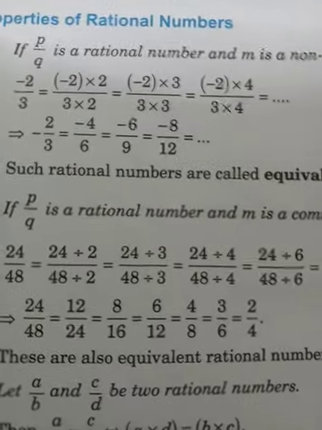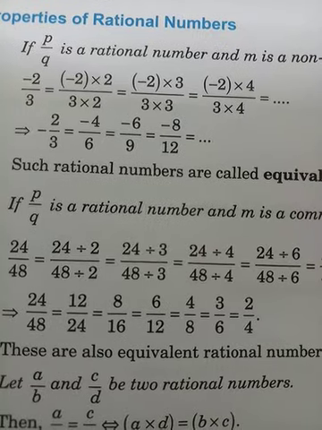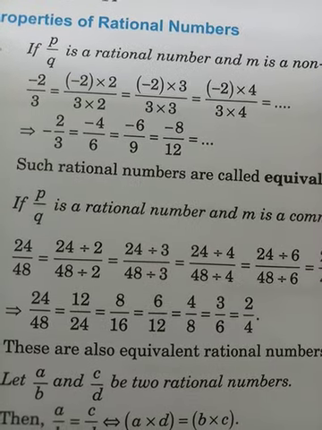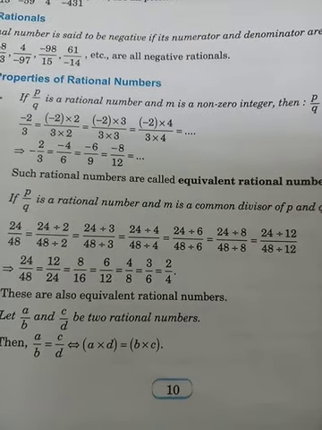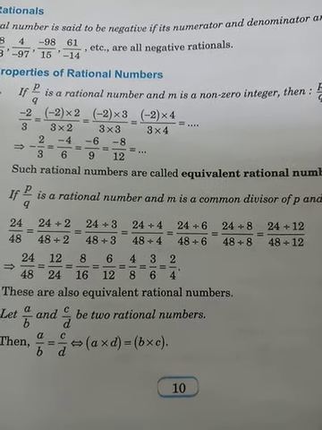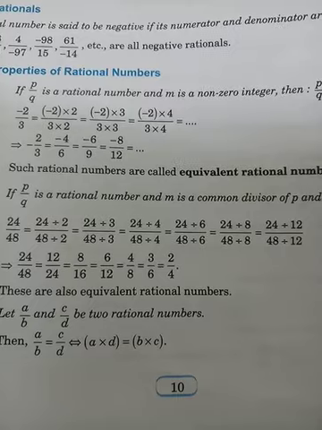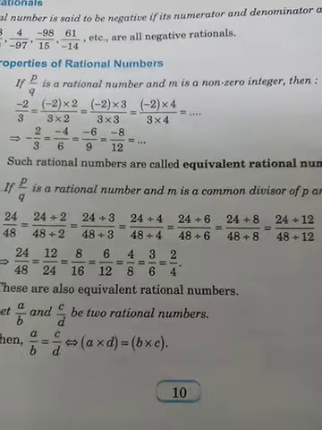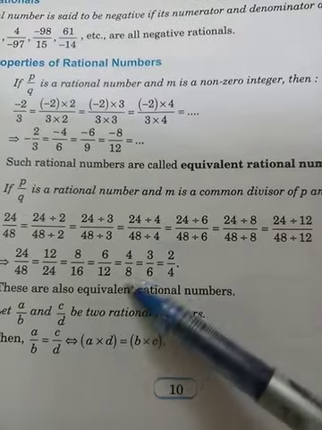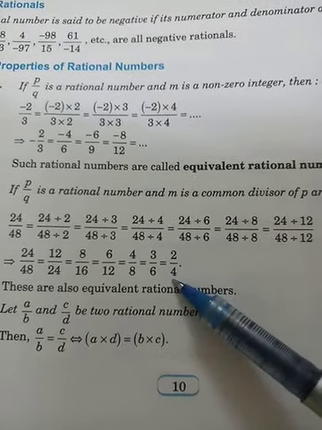24 by 48 is given. Both are divisible by 2. Both are also divisible by 3, 4, 6, 8, 12. So when we divide, what do we get? 12 by 24, 8 by 16, 6 by 12, 4 by 8, 3 by 6 and 2 by 4.